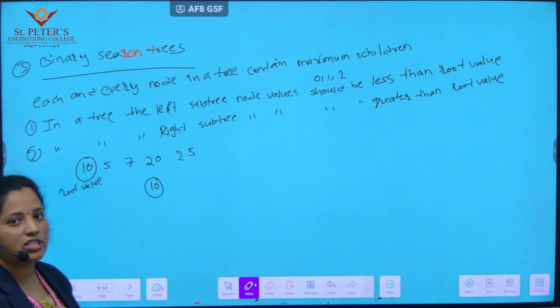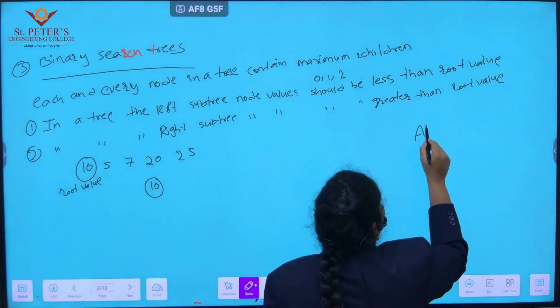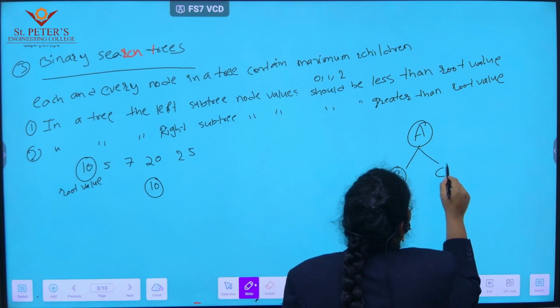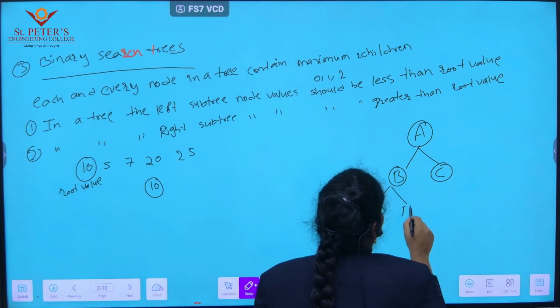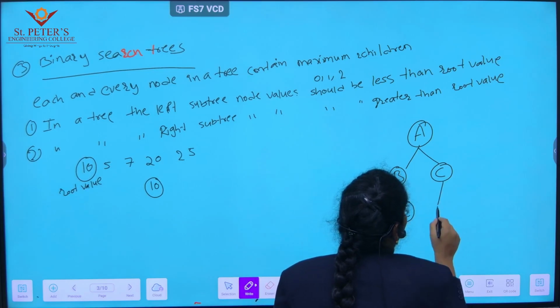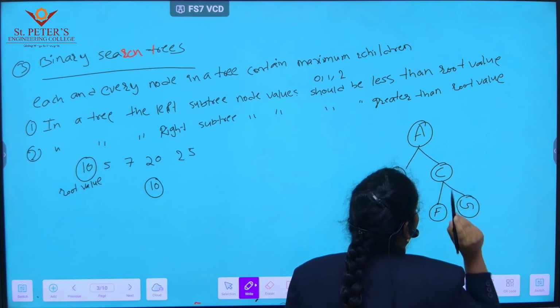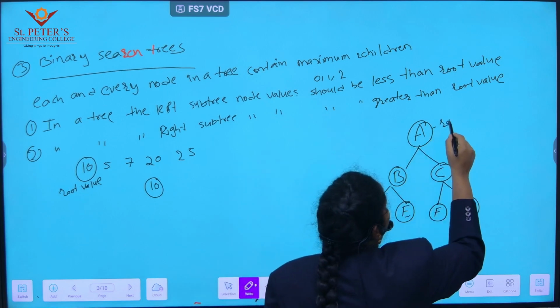What are the left subtree and right subtree? For example, this is a tree, and this is the root node.